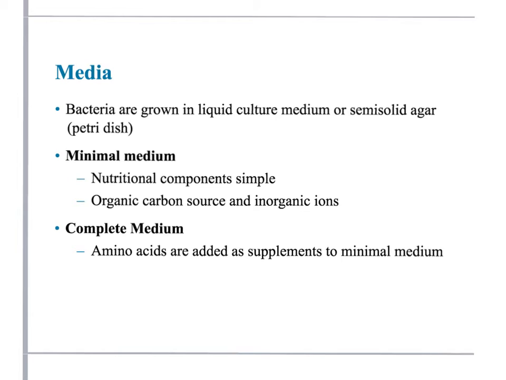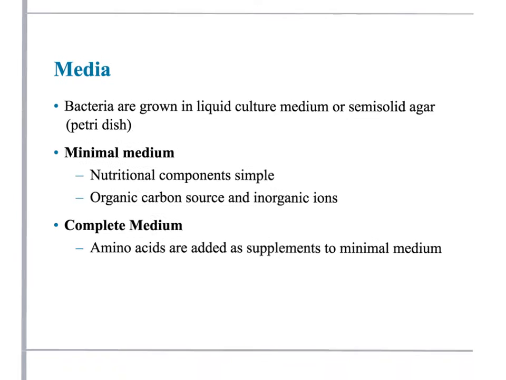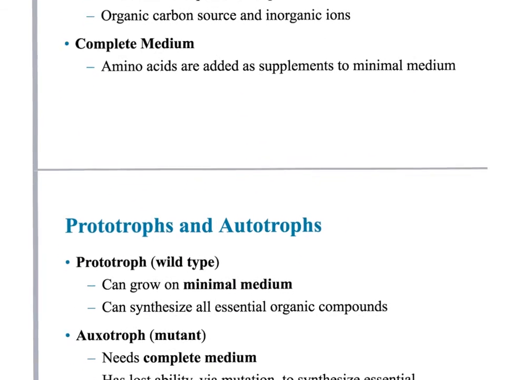But when you have a complete medium, that's where the amino acids are all added as a supplement to the minimal media. So you're putting a whole lot of food here, and you would want to do that when your specimen cannot synthesize all the necessary compounds. When that's the case, which is usually the case with a mutant, you would want to add some amino acids that it could take up and synthesize.